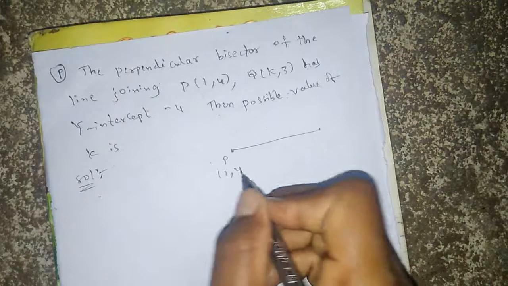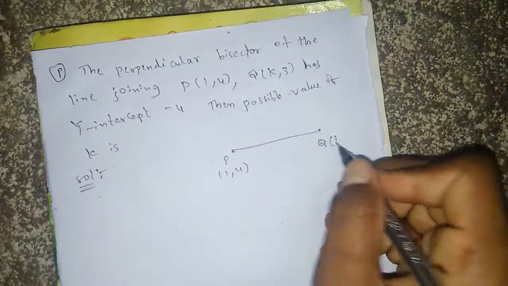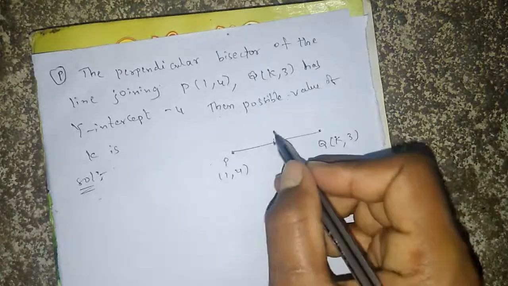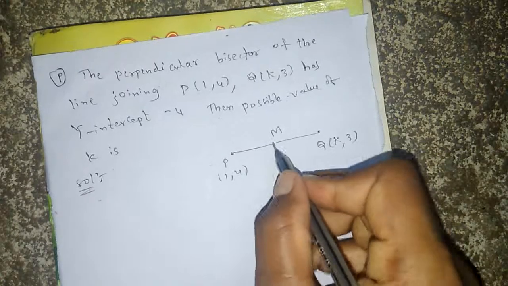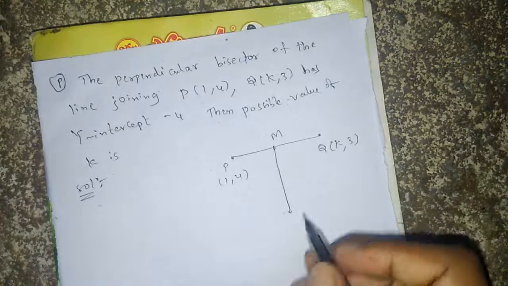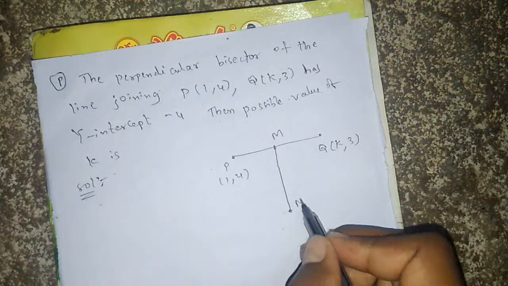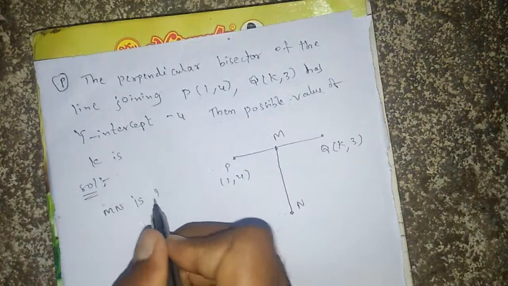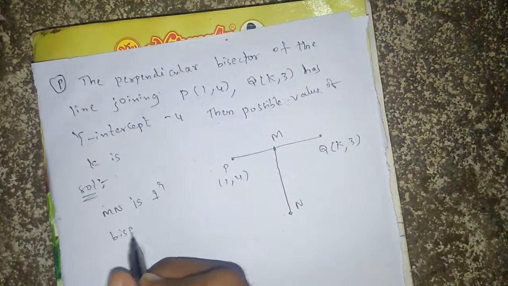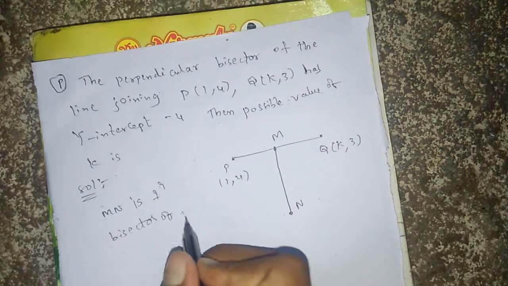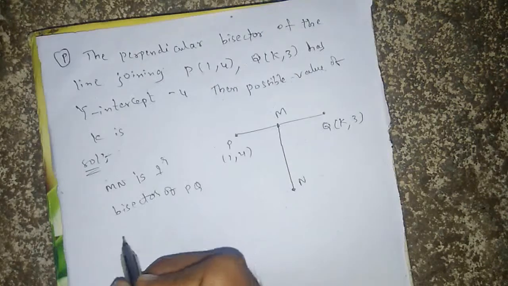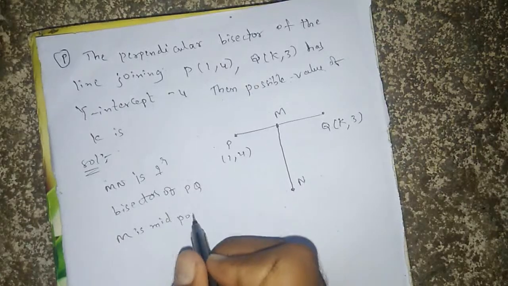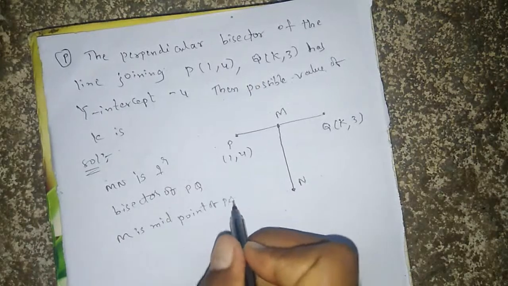This is P(1, 4), this is Q(k, 3), and this is the perpendicular bisector. MN is the perpendicular bisector of PQ. M is the midpoint of PQ.